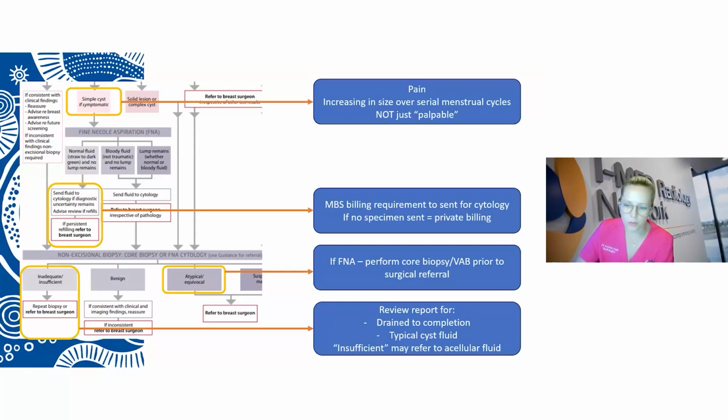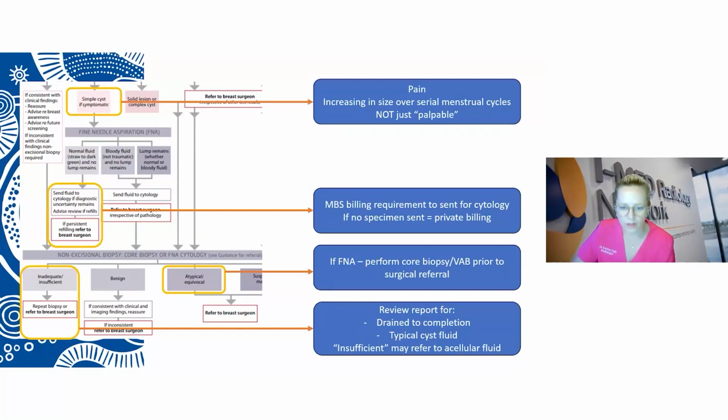So if you see the report that it said the cyst is a typical looking cyst, it has drained to completion, the fluid was typical cyst fluid aspirated, and then you get an insufficient result, it actually means the fluid is acellular. The cytologist needs a number of cell clusters and epithelial cells to definitively call fluid cyst fluid.